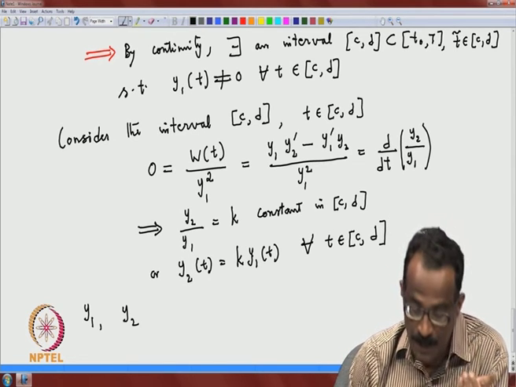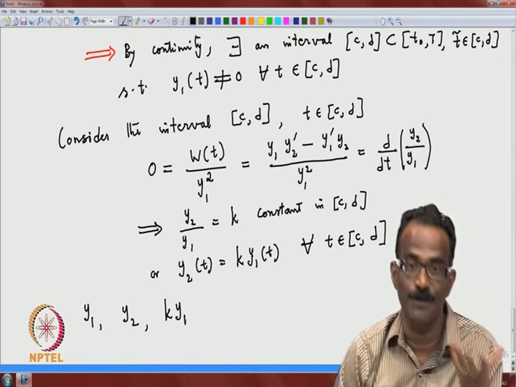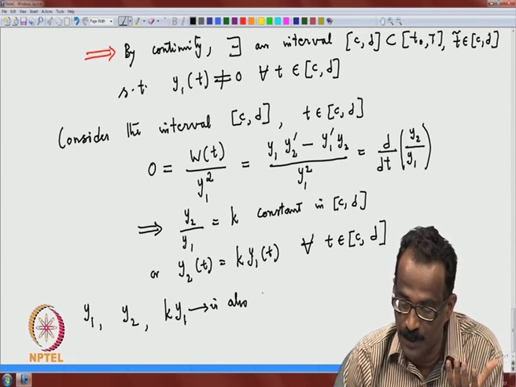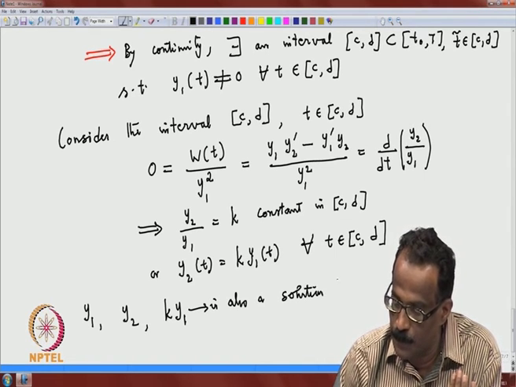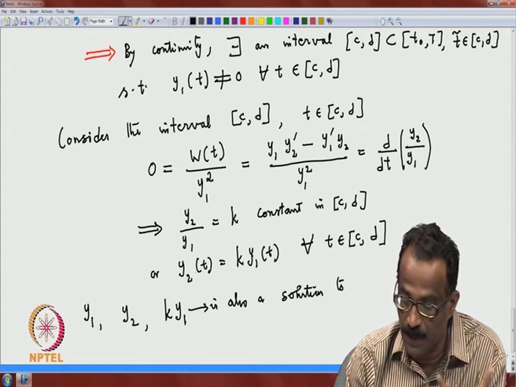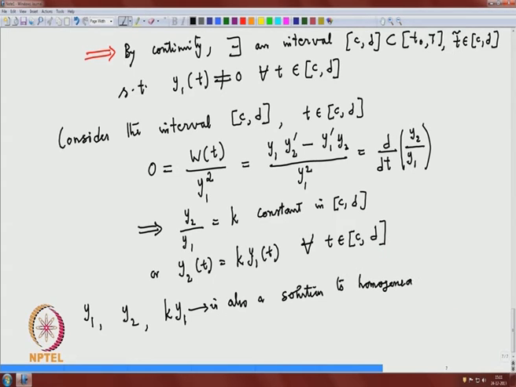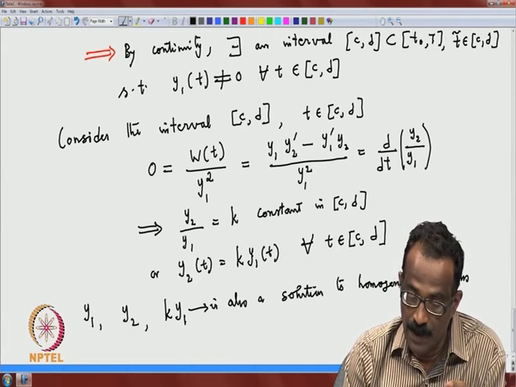Therefore, k y1 is also a solution to your homogeneous problem, and y2 is a solution.